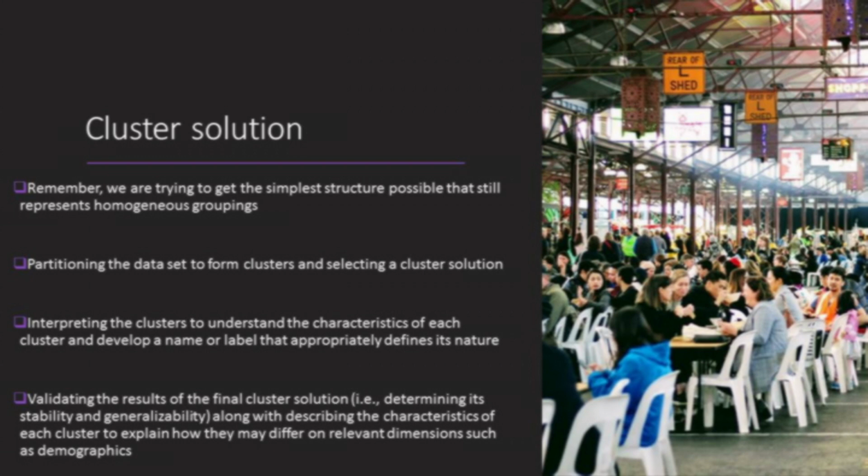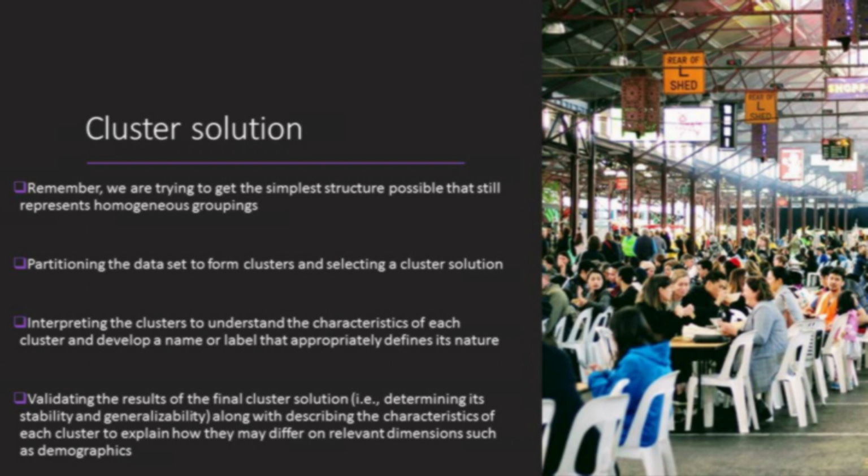So you want to determine stability and generalizability once you have produced your clusters. And really one way to do it is to run your clusters as a linear regression. You can use the created clusters as a dependent variable, and then see, does it make sense that certain other variables would be predictive of cluster membership, if you will.